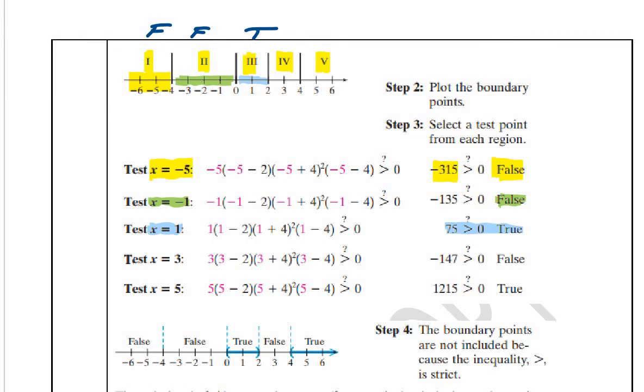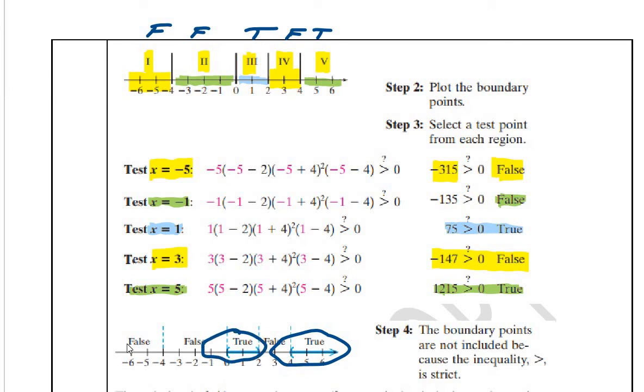Now we go to our 4th region, and we can take a 3 there, and we see false again. And then we can go to our 5th region. Take a 5 there, check what happens. It is true. So here we have a false, and we have a true. So our answer is going to be where it's true and where it's true.